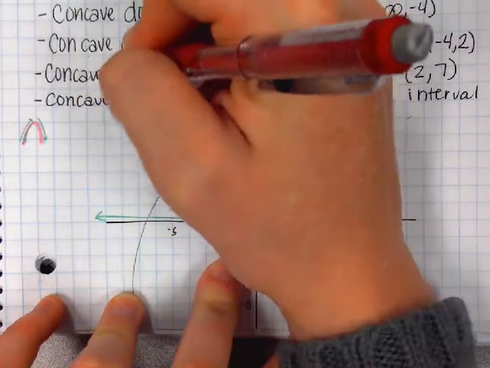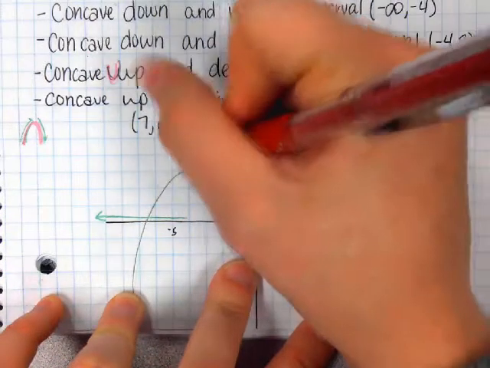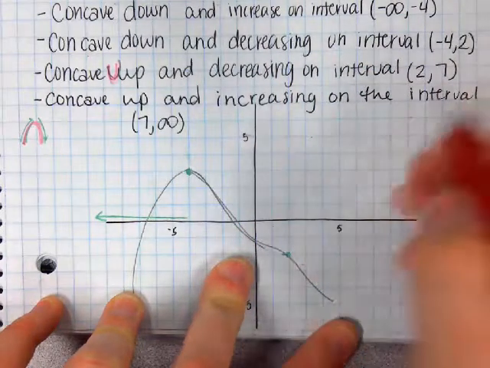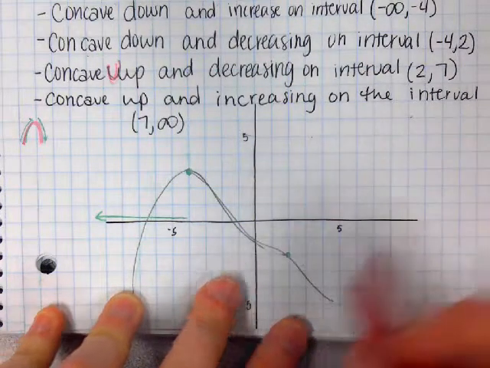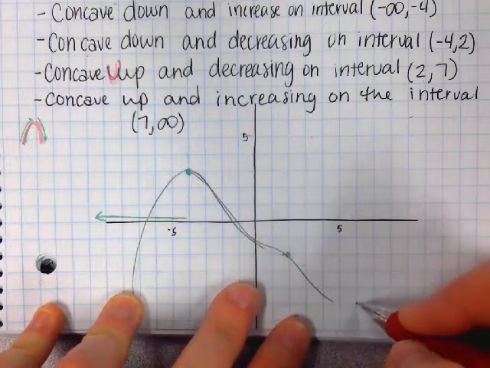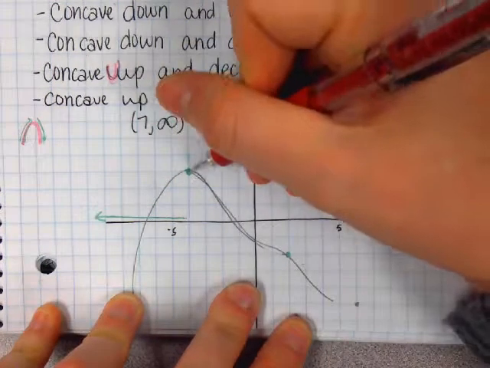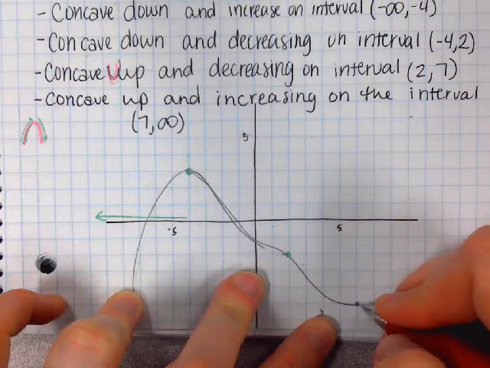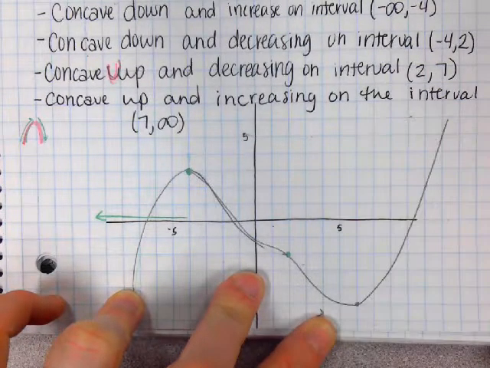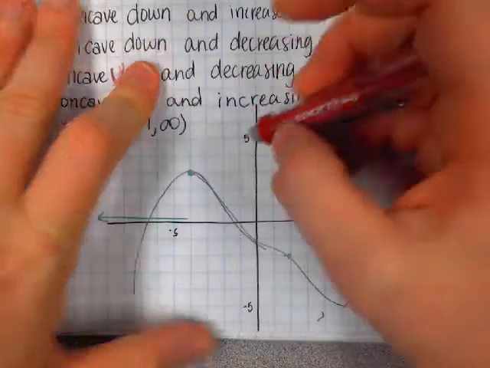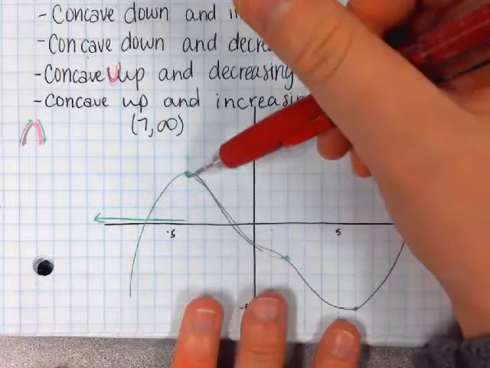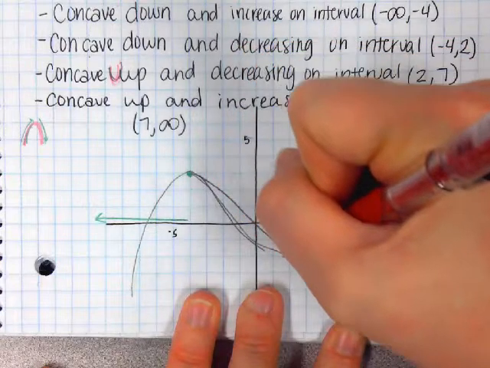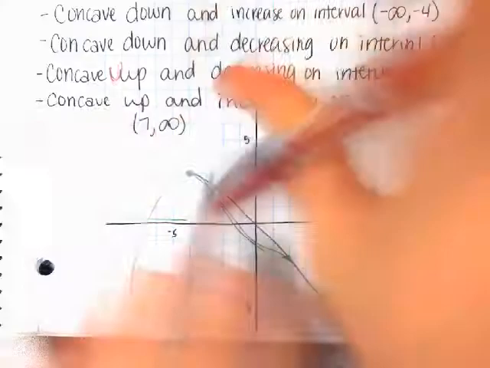So concave up looks like this and decreasing. So I need it to actually go down. So it's going to keep going down from 2 to 7. And then it's going to be concave up, increasing for the rest of it. Okay, so I'm going to draw this line a little bit better just because I had gotten to that point.